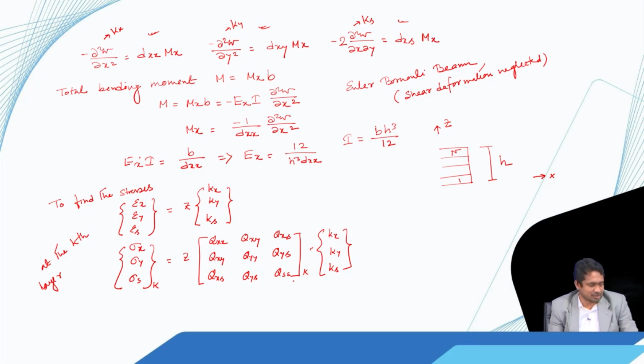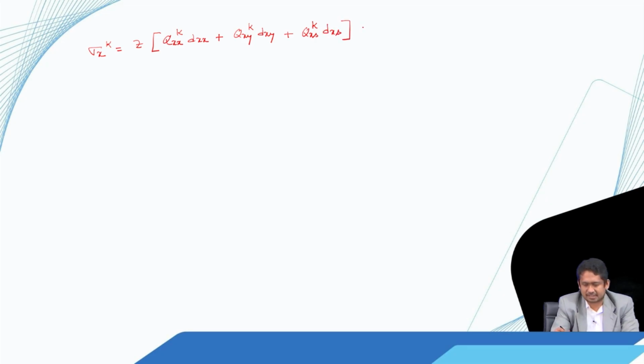So, finally, after combining all these equations, what we get is sigma x at the kth layer is equal to z multiplied by qxx for the kth layer multiplied by dxx plus qxy for the kth layer multiplied by dxy plus qxs for the kth layer multiplied by dxs into m by b.